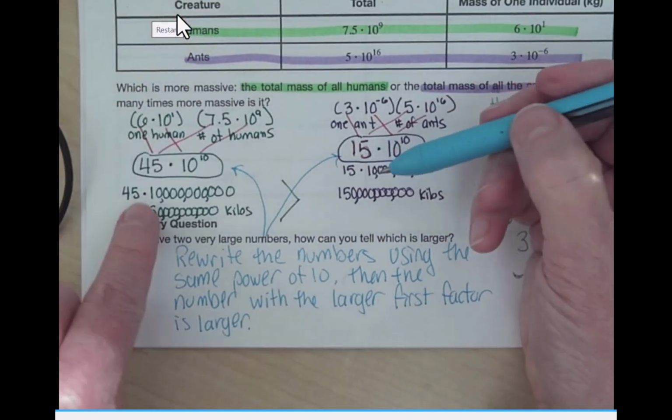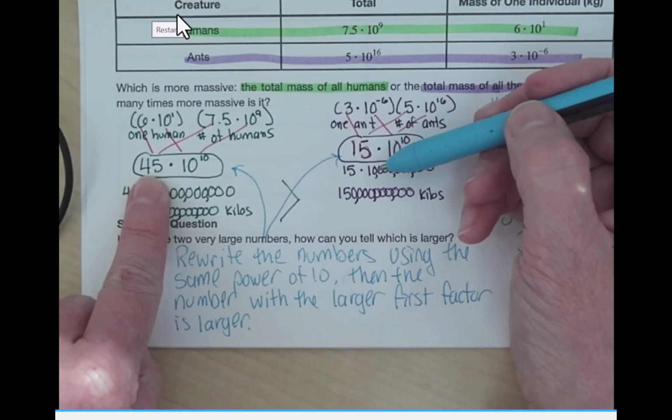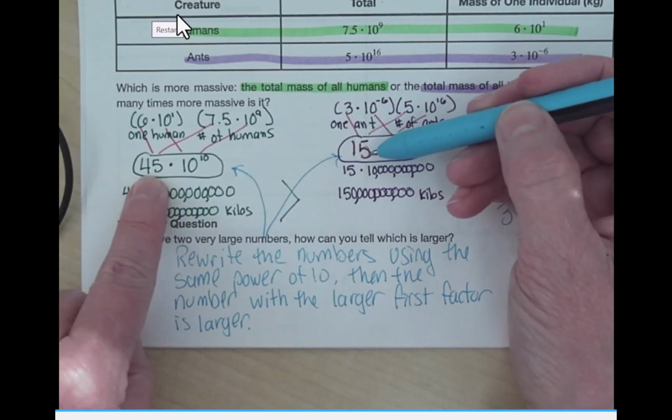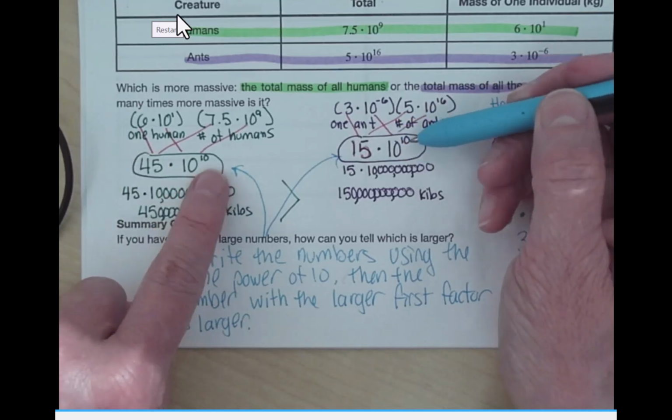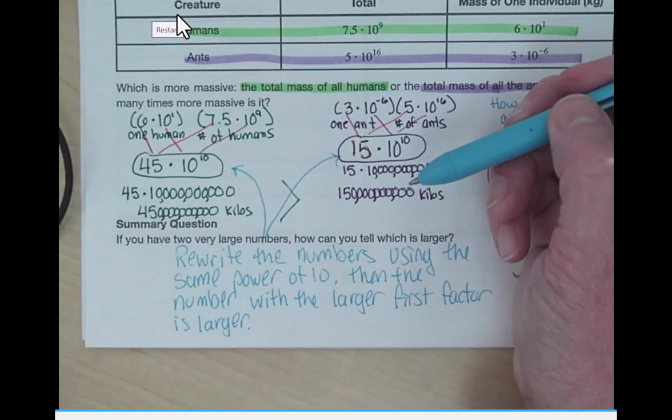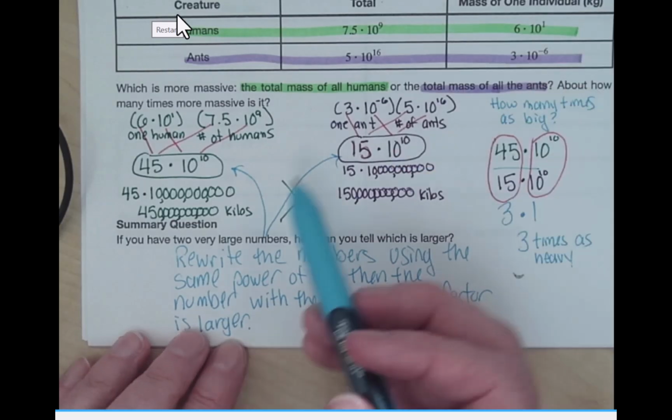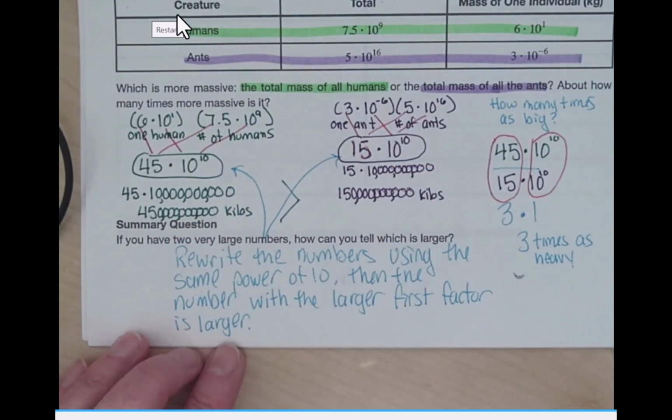And by first factor, I mean this 45 and this 15. Whichever one of those is bigger, that's the bigger number. It only works if you have the same power of 10. But it makes them a little easier to compare than all of these zeros that your eyes get lost in.